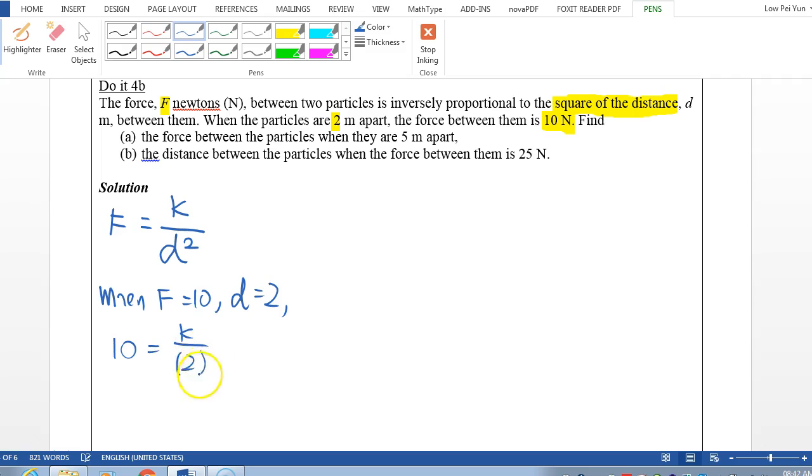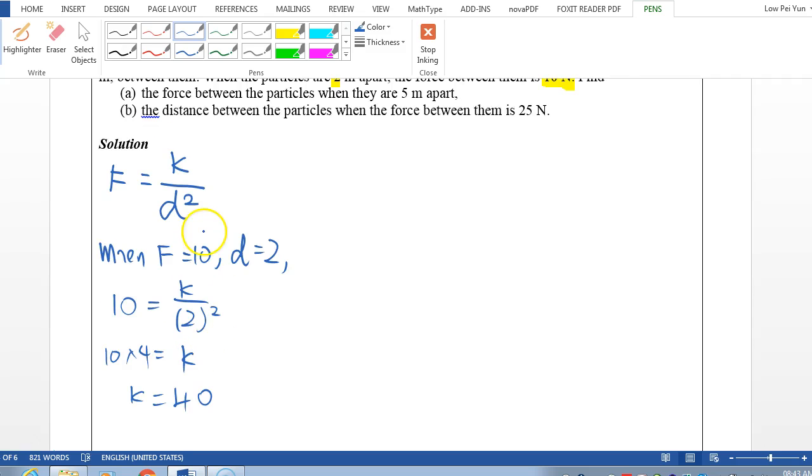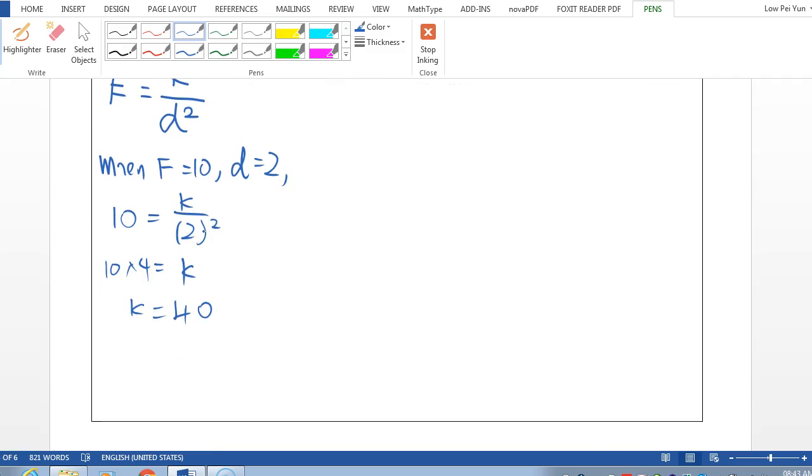This time around, Mrs. Liao will not forget to square my 2. So what is k? K is 10 times 4, which is 40. Yes, 40. So am I able to form an equation connecting the two variables? Yes. So F is equal to 40 over d square.